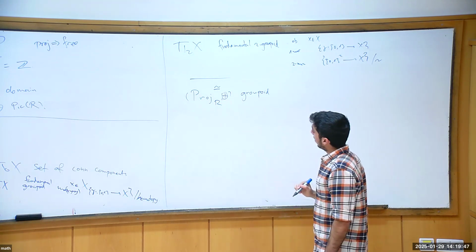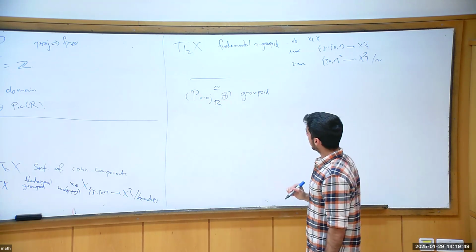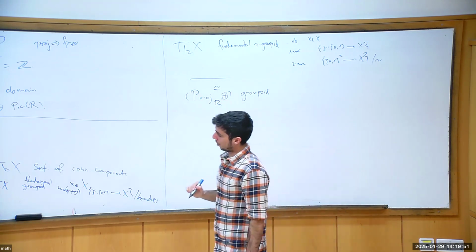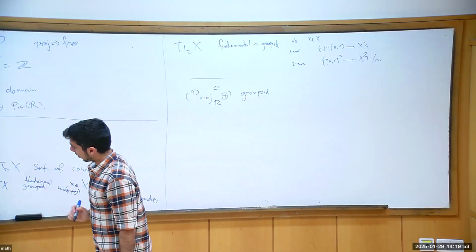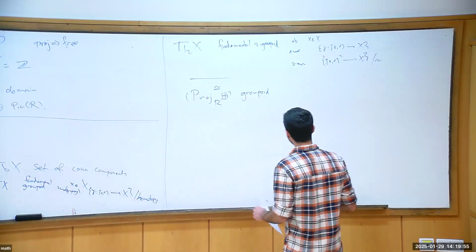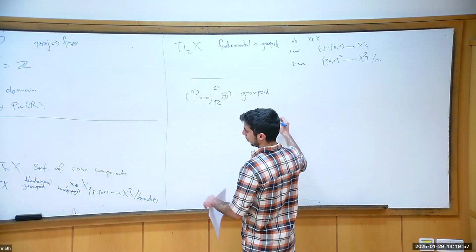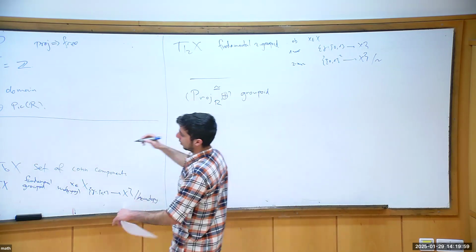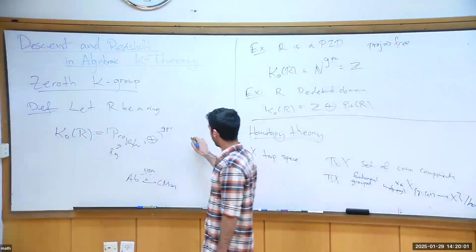And so I could do the same formal construction. So I can look instead of abelian groups, which is where this thing lives, right?